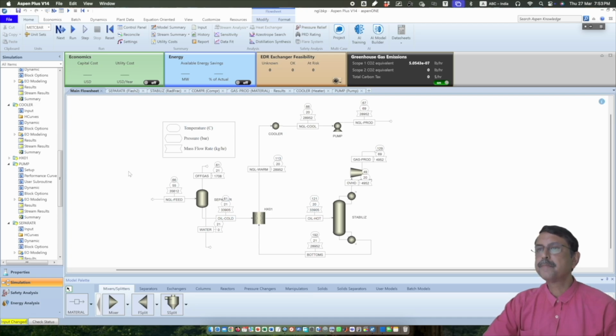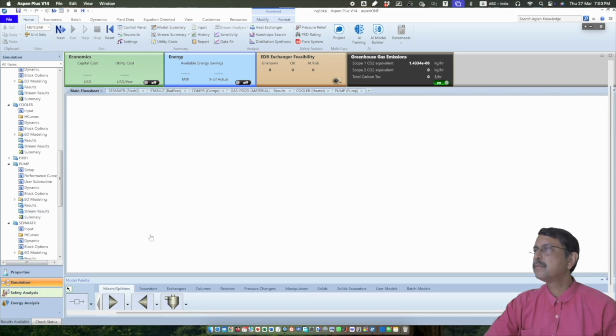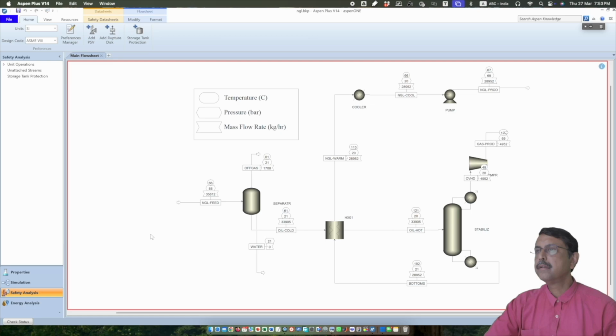That is okay. Run it once again and go to safety analysis. Yes, that's exactly what we were looking for, I think.